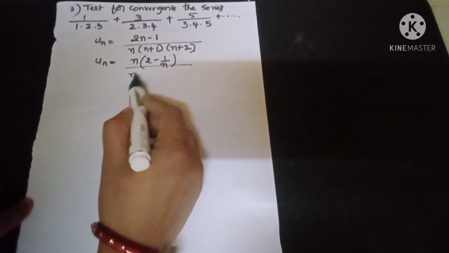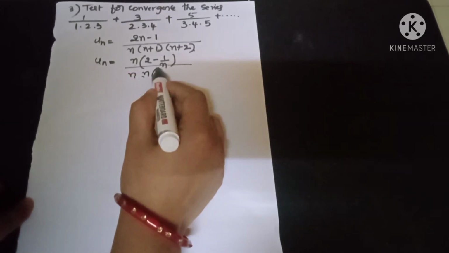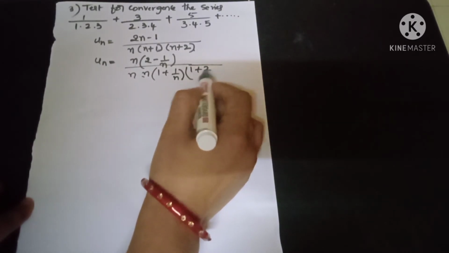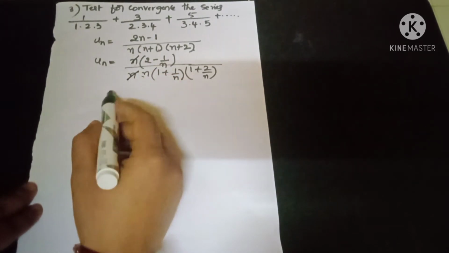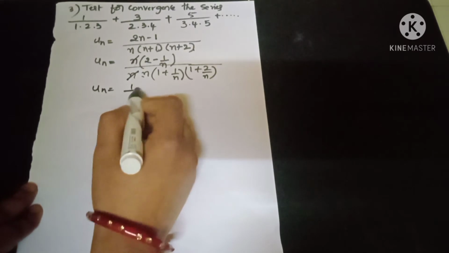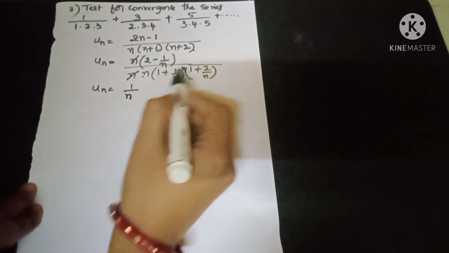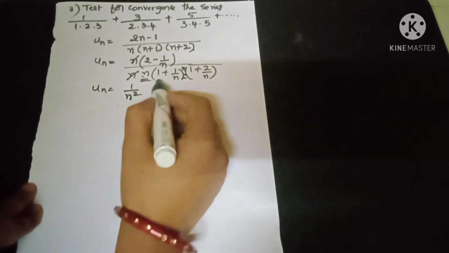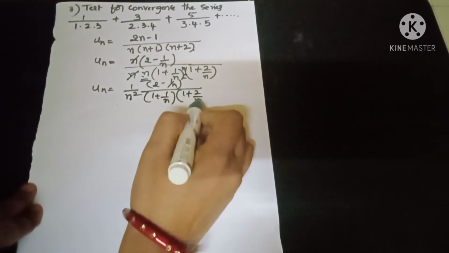In the same way, in the denominator also, take n outside, n as it is, 1 plus 1 by n into 1 plus 2 by n. So n cancels with the denominator n, and we will be left with 1 by n. Here also n is there, so n into n is n square. 2 minus 1 by n upon 1 plus 1 by n into 1 plus 2 by n.